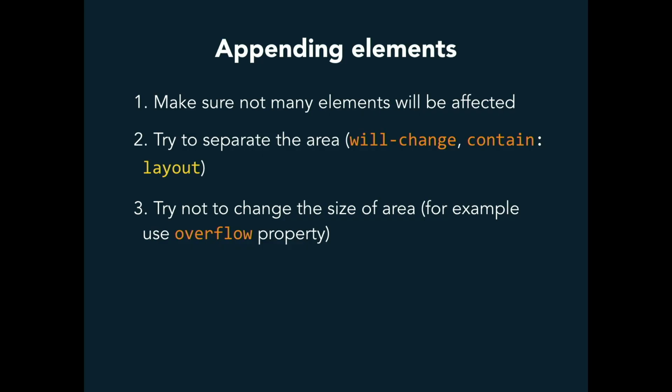So what can we do about it? We should make sure that not that many elements are being affected by our appending or removing elements. We can try to separate the area, so we can take it out of the context using will-change, and put it to another layer. We could also use contain: layout if the support was bigger.